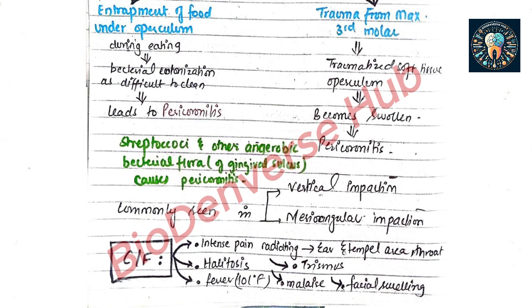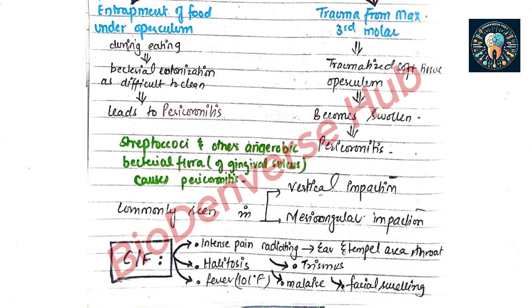Secondly, there will be halitosis due to the food lodgement that occurs under the operculum. The patient will also experience trismus or limited mouth opening because of the attachment of the muscles of the masticatory system. The patient may have fever of 101 degrees Fahrenheit, malaise and facial swelling.